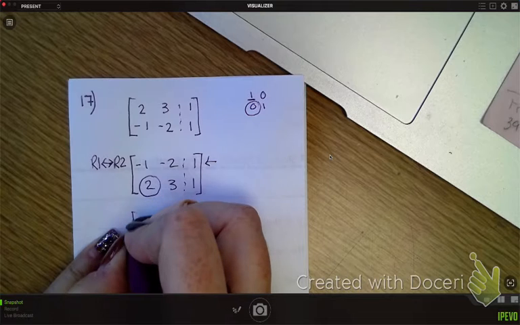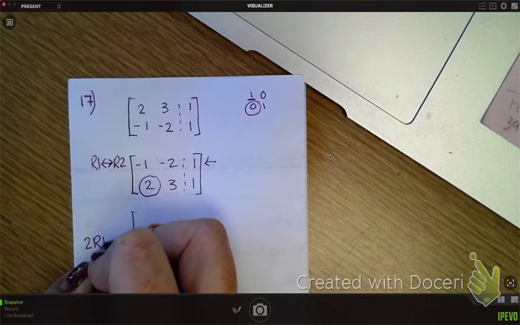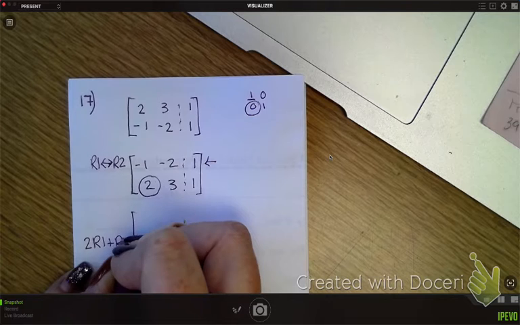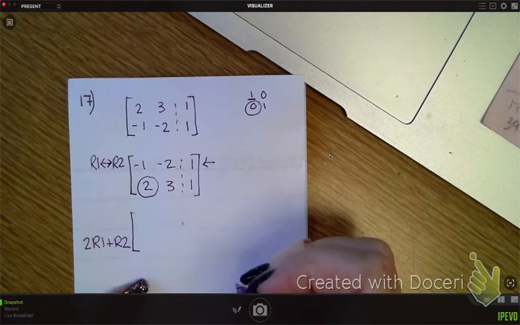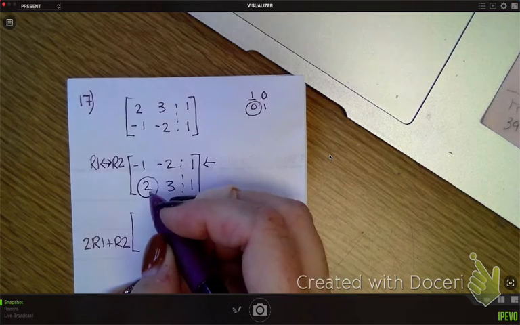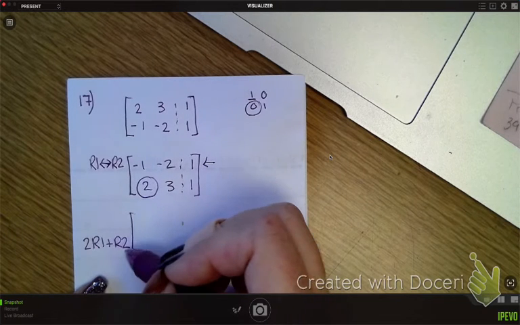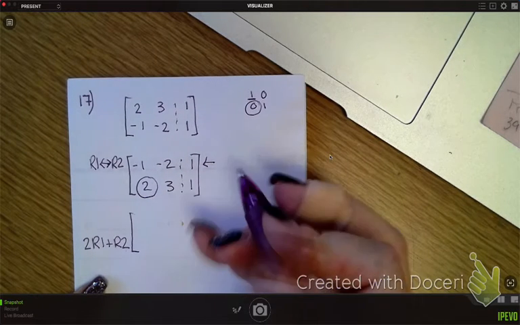Okay, so I'm going to 2 R1 plus R2. Riley, does that make sense why I wrote that? Yeah, because the 2 you got to get to the 0. Yes. And it says I'm going to multiply row 1 by 2 and add it to row 2. Now I understand that.